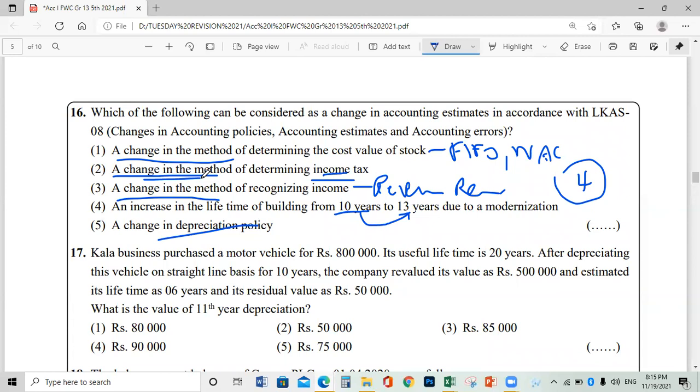So they are talking about a policy change, not an estimate. Estimate means, for example, they had calculated income tax as 4,000, and now it has changed to 6,000. That is an estimate change. That's what I told you: don't see the words income tax and come to a conclusion that it's an estimate. Do you understand? So the answer is the fourth one.